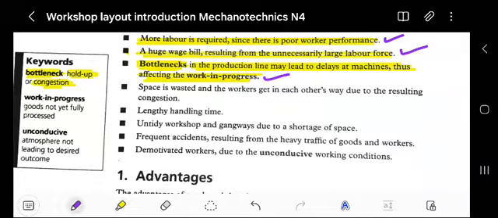Also, as you can see, space is wasted and workers get in each other's way due to the resulting congestion. There's not enough space if you have poor workshop planning. It's full of traffic.